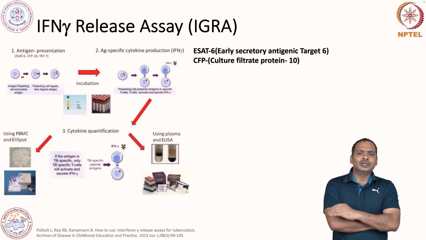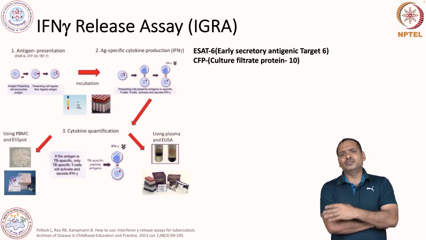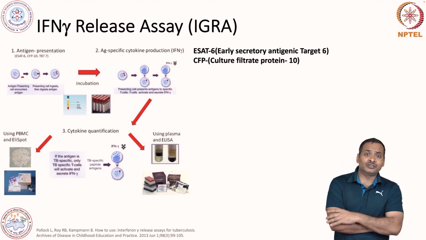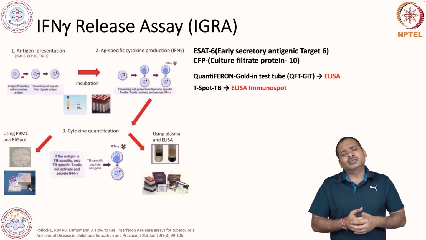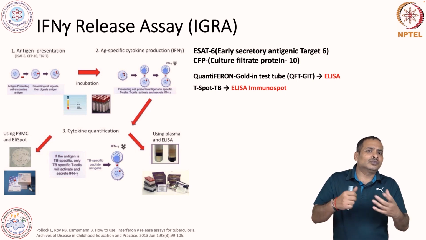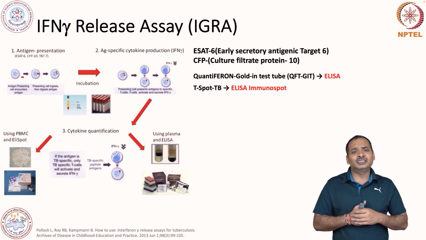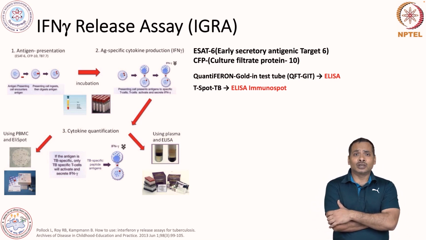There is also a protein known as CFP-10, culture filtrate protein 10, which is also derived from Mycobacterium tuberculosis. So if you give these antigens and find interferon gamma producing cells in their presence, then you can say that the individual has Mycobacterium tuberculosis infection.